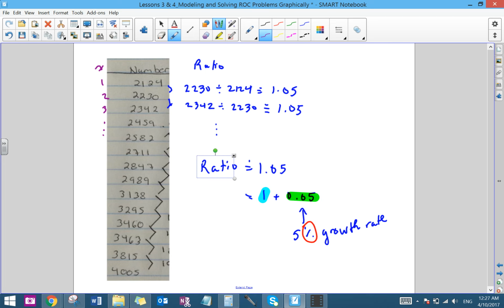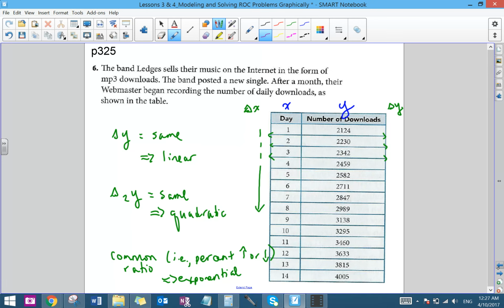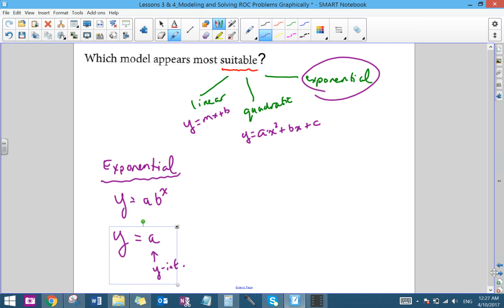The y-intercept is where x is equal to 0, so we need to get that number. When x is 0, what is y? There's a couple of ways we can do that. Reflecting on what we've already been doing, we do have the b value. Remember that that was the common ratio.